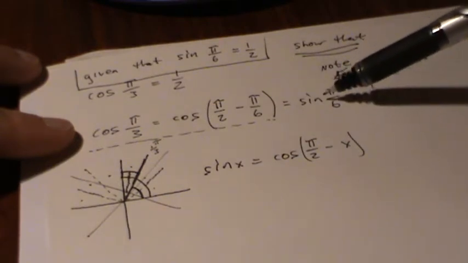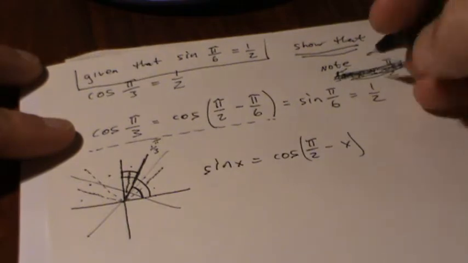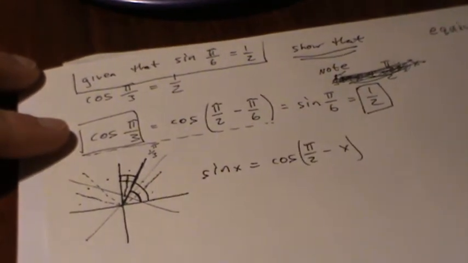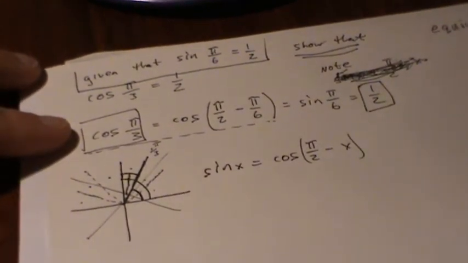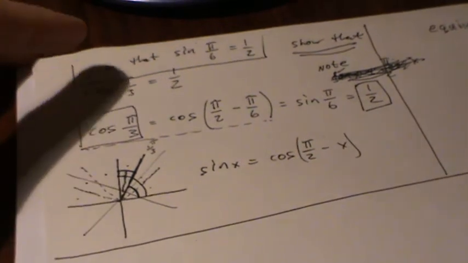And then the sine of pi over 6, we already know from the start, is equal to 1/2. So therefore, 1/2 is equal to cosine of pi over 3. And there you've shown it to be true.